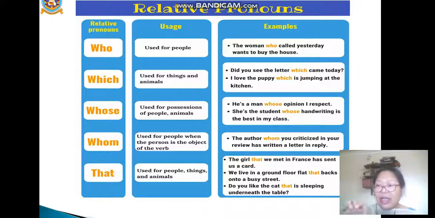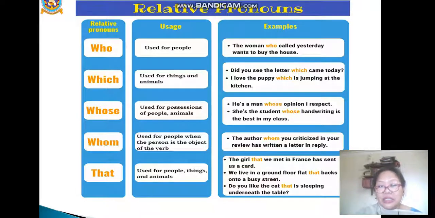That means the effect of the action falls on the person. Like the author whom you criticized. Here criticize is the verb. The author whom you criticized in your review has written a letter in reply. So here we have used the relative pronoun whom.